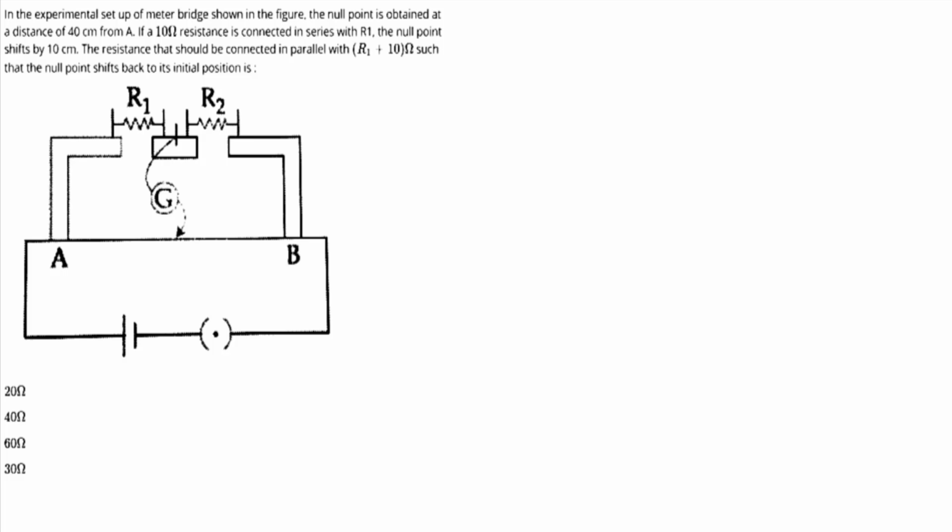Hello students, we have a question. In an experiment setup of meter bridge as shown in the figure, the null point obtained is at a distance of 40 cm from point A. Now the condition is, if a 10 ohm resistance is connected in series with R1, the null point shifts by 10 cm.